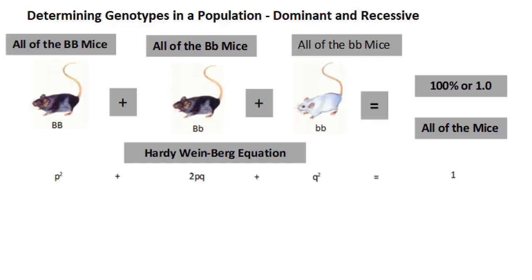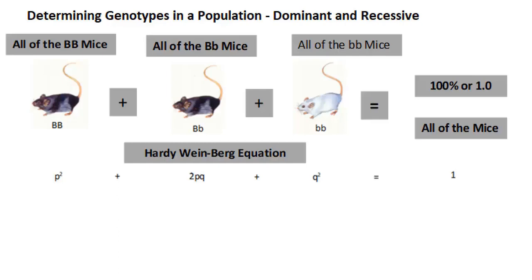P squared is the frequency, so it's a percentage, of mice that are homozygous dominant, or big B, big B. 2pq is the frequency, so the percentage, of mice that are heterozygous, or big B, little b. Q squared is the frequency, or percentage, of mice that are little b.